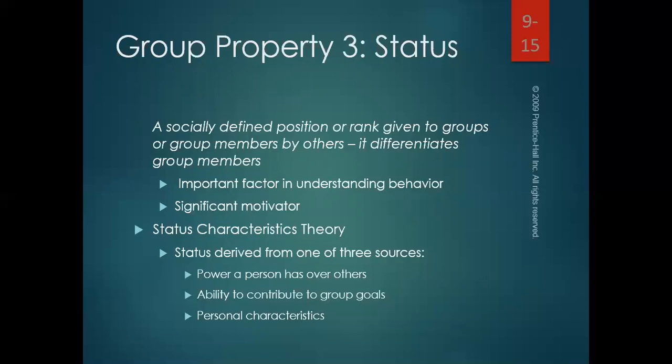It differentiates the group members. It is an important factor in understanding behavior and a significant motivator. Status characteristics theory explains it further: status derives from one of three sources: the power a person has over others, ability to contribute to group goals, and personal characteristics. These are all the things that are related.